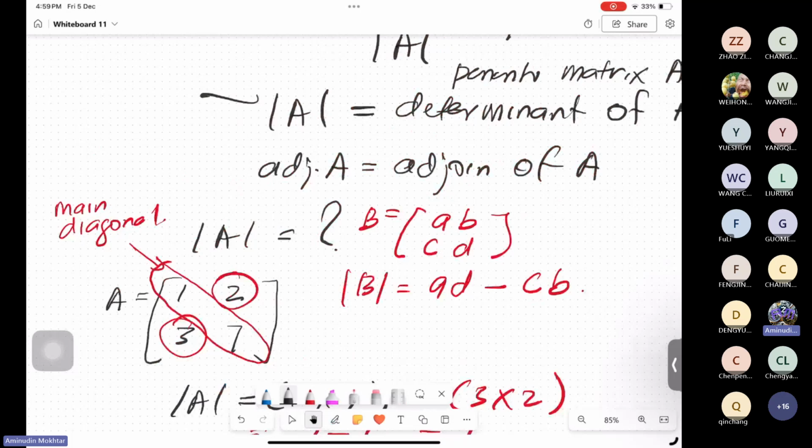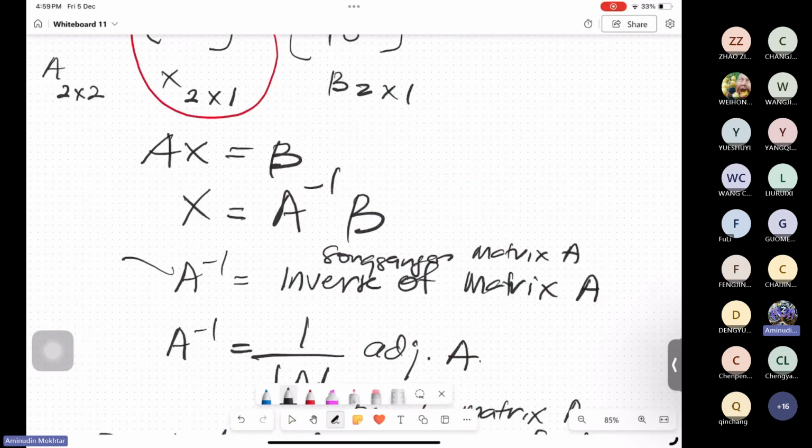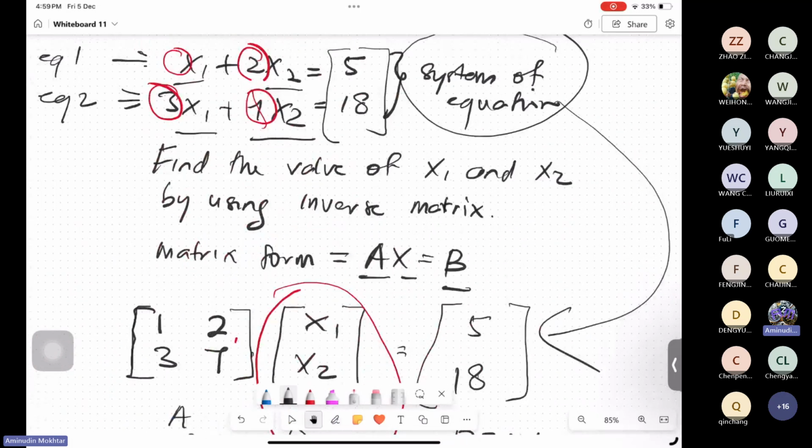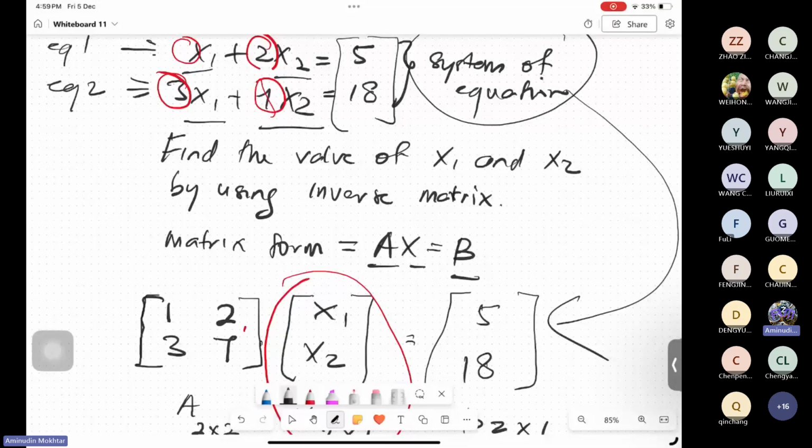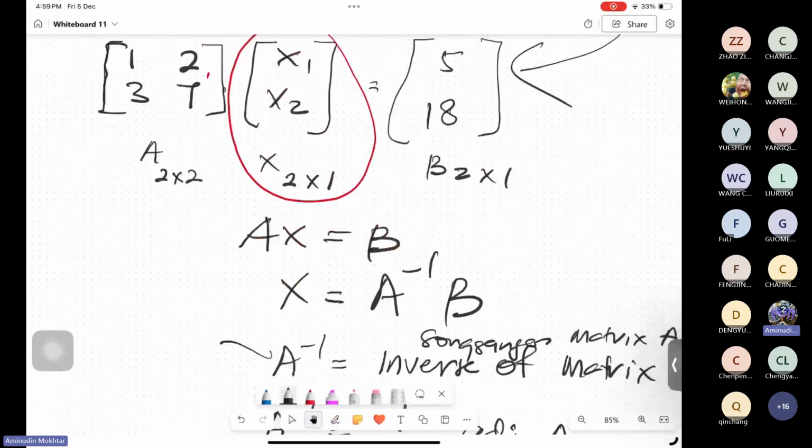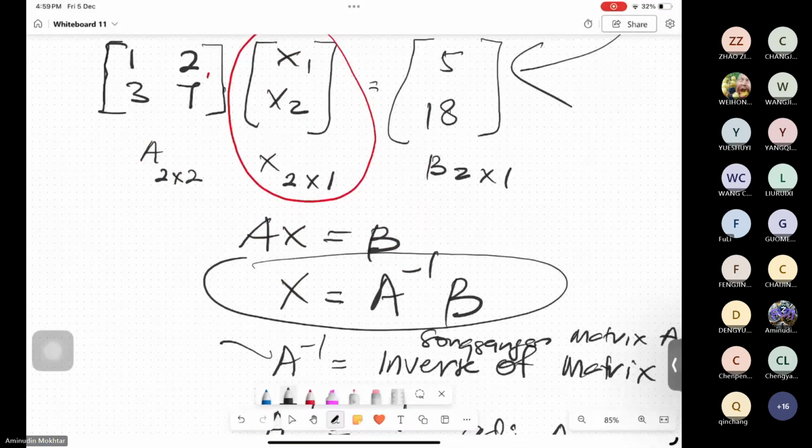The question asks you to find the value of x1 and x2. What is x? X equals A inverse times B.